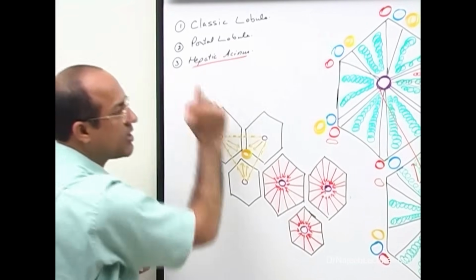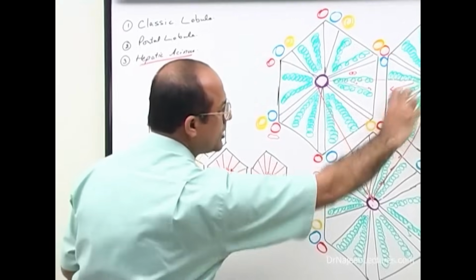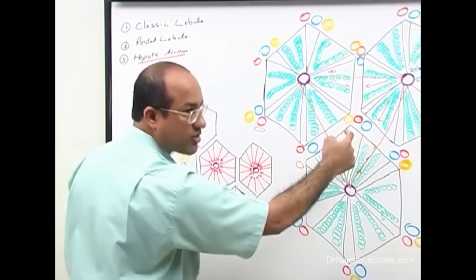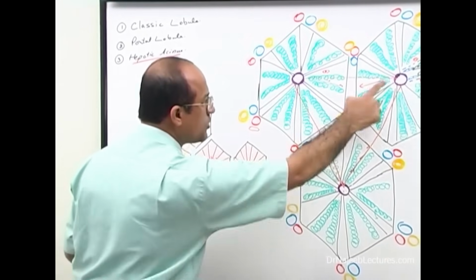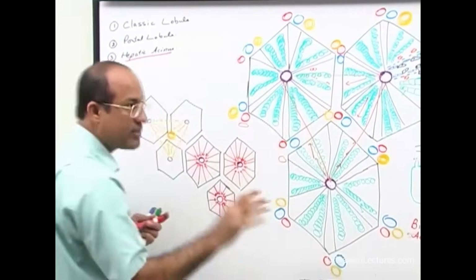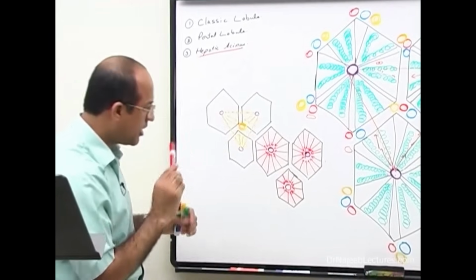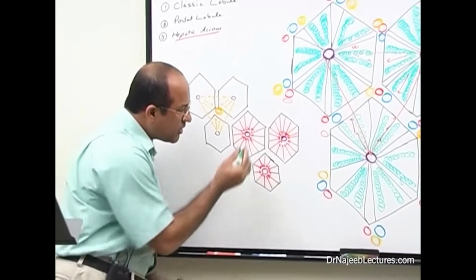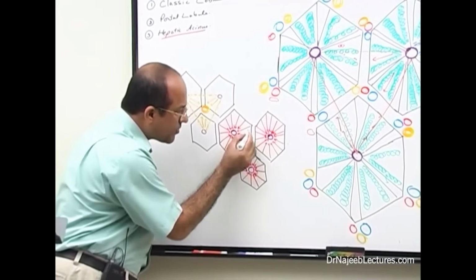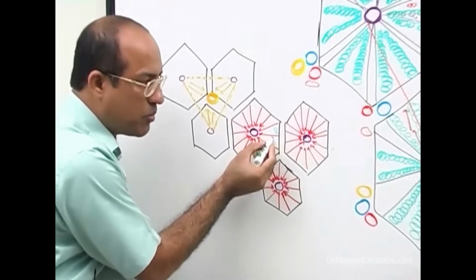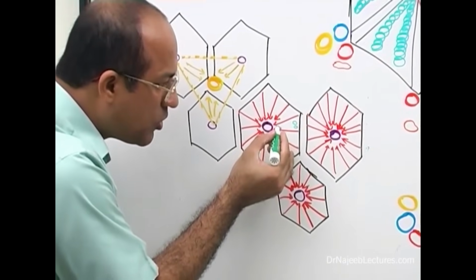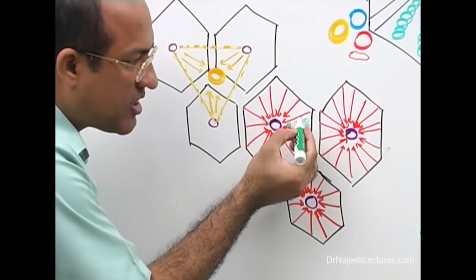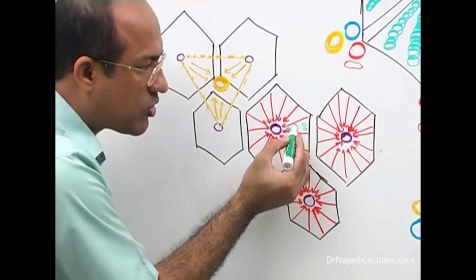And it takes a triangular area from three adjacent classic lobules, and the corners of these lobules are at the central veins. Right, now we will come to hepatic acinus. Look, the hepatocytes which are present in this area, they are receiving blood with more oxygen, and hepatocytes which are nearest to the center, as blood is moving to the center, hepatocytes are utilizing the oxygen.